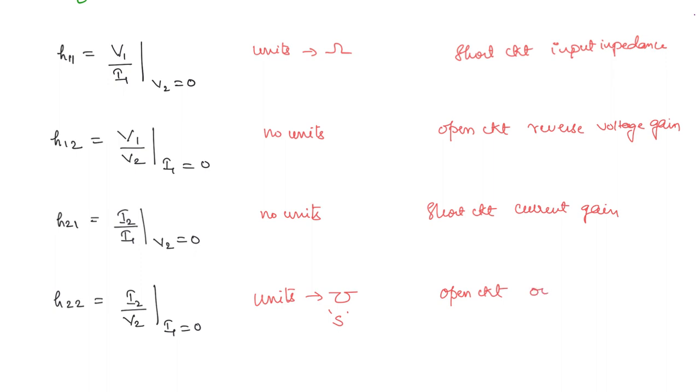So open circuit output admittance. We can see here that each of the H parameters is different. Z parameters were all impedances and Y parameters were all admittances, but here H11 is an impedance, H12 is voltage gain, H21 is current gain and H22 is admittance. For this reason we call them hybrid parameters.